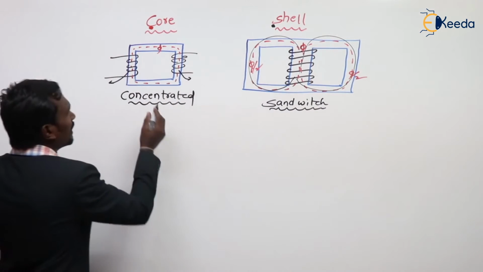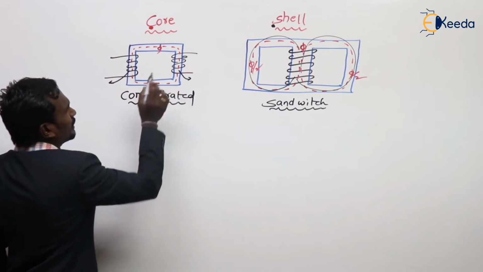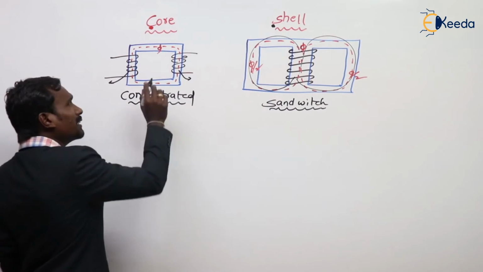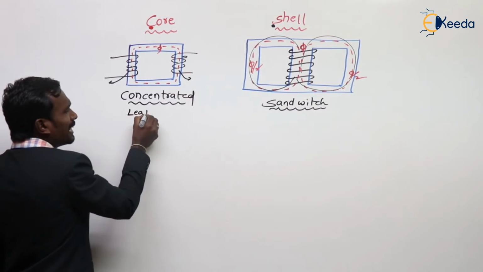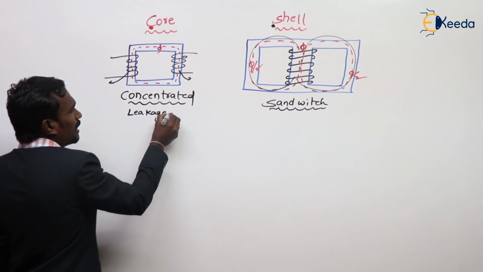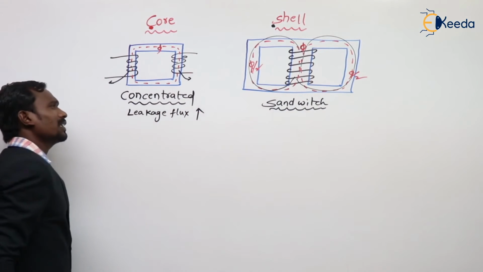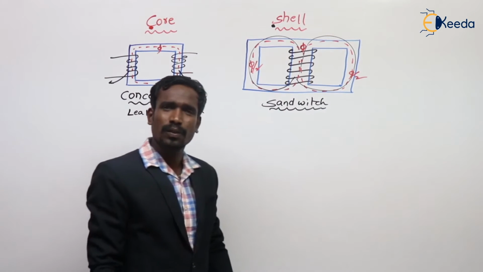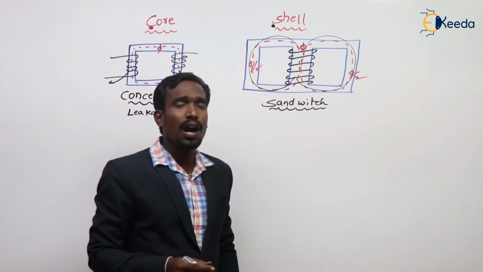Let's see, generally concentrated winding is like this. But in concentrated winding, we know that leakage flux is more. This is the disadvantage. Now we have to overcome this disadvantage.